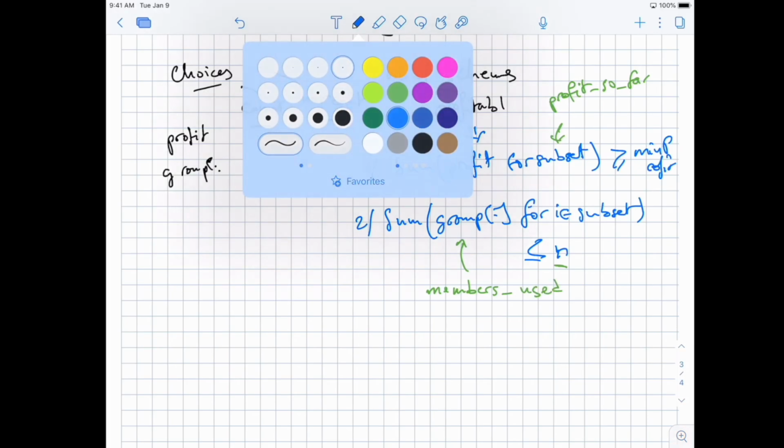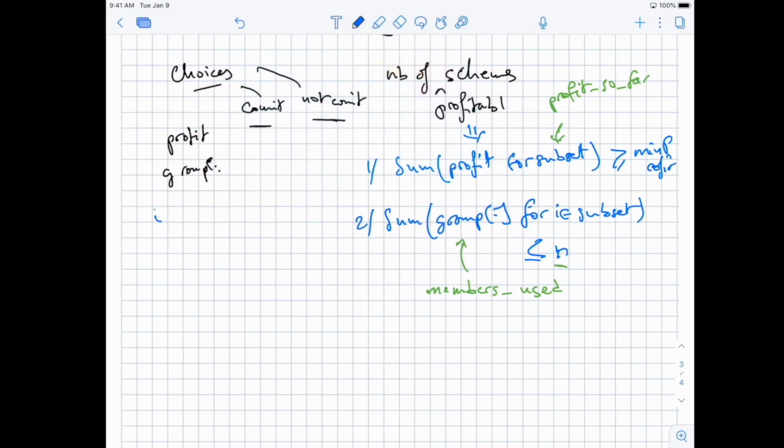Okay. And what else do we need? Well, when we are looking at crimes, each time we look at the ith crime and decide either to take it or not take it, which is committed or not committed. If we commit it, we get the profit for it, and we need to add the members we needed for it. But if we don't commit it, then we just move to the next one and also decide. So each time we need to pause at the ith crime and decide whether to commit it or not, and then go to the i plus 1.